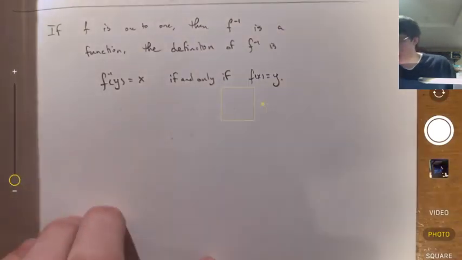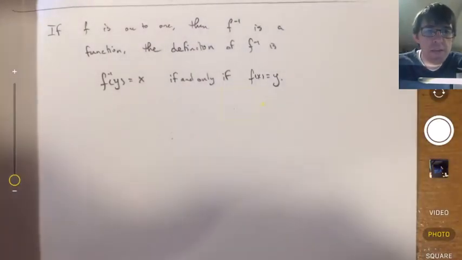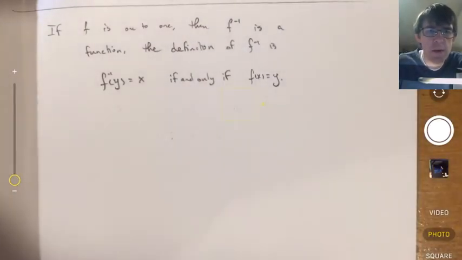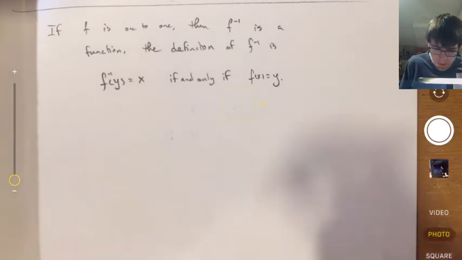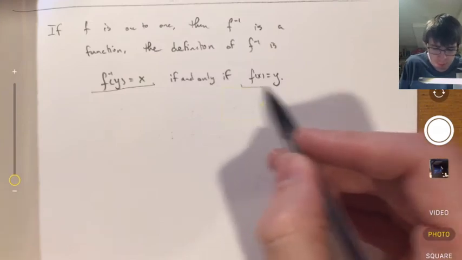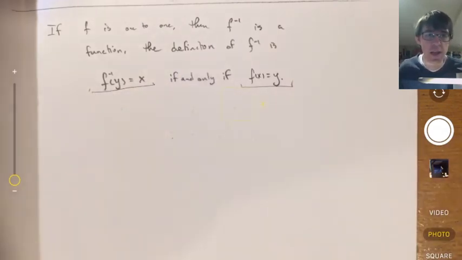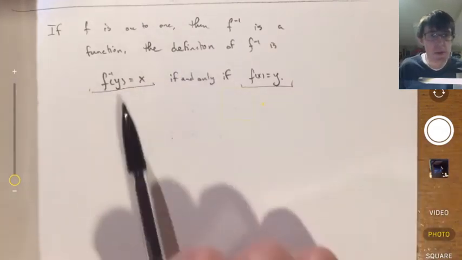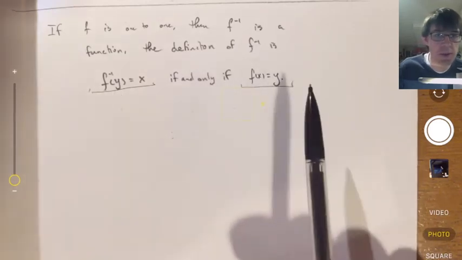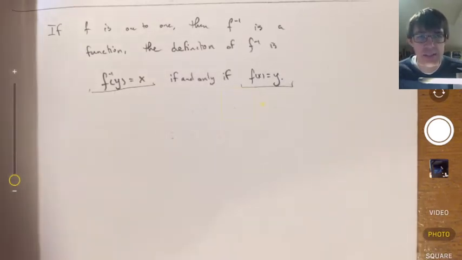This phrase, if and only if, I think you've probably heard in other math classes. It means these two things on either side are logically equivalent. That is to say, if the one is true, then the other is true, and also if the other is true, then the first one is true. They mean the same thing.